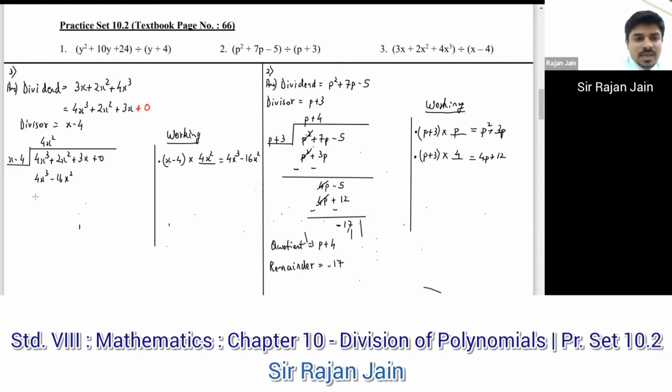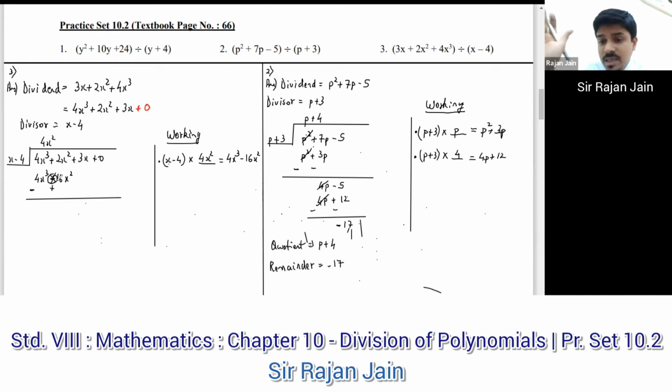Then you will leave a line and you will draw a horizontal line. You are leaving a line for sign change. All the numbers that you have written on the second line, उसका sign opposite होगा. So 4x cube, there is no sign, means by default it was plus. That plus became minus. Then this is minus. This minus will become plus. Once you change the sign, you will be ignoring the old sign.